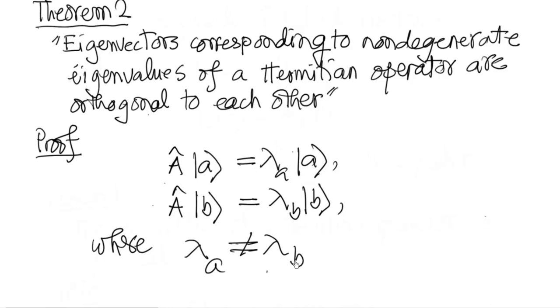Means we are considering two state vectors ket A and ket B, and when the Hermitian operator capital A acts on these kets, they give the eigenvalues lambda A and lambda B, and they are not equal.